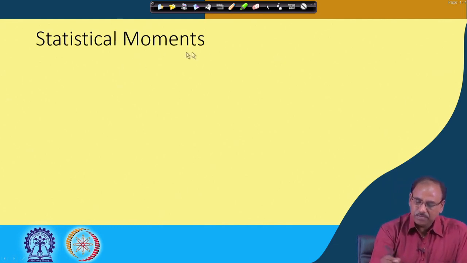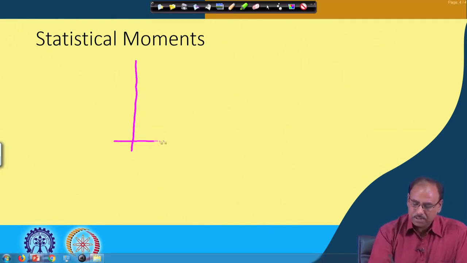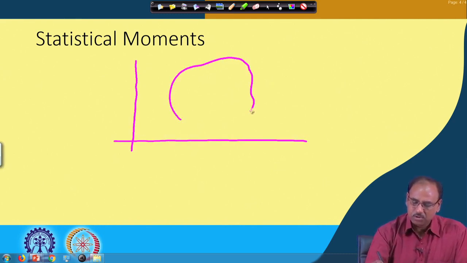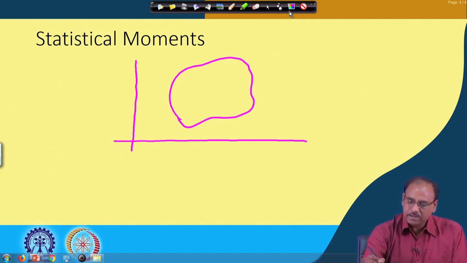So, I assume a two-dimensional space, and suppose I have a closed boundary something like this. As I said before that this boundary consists of a number of discrete points.